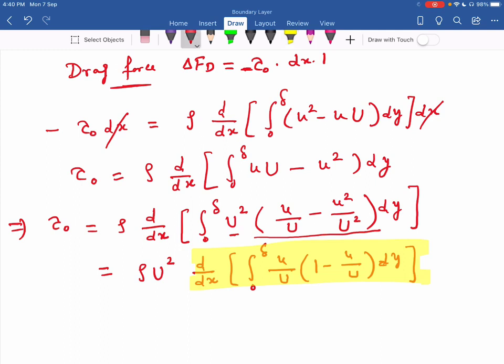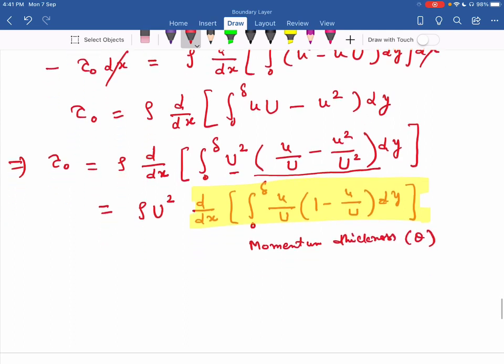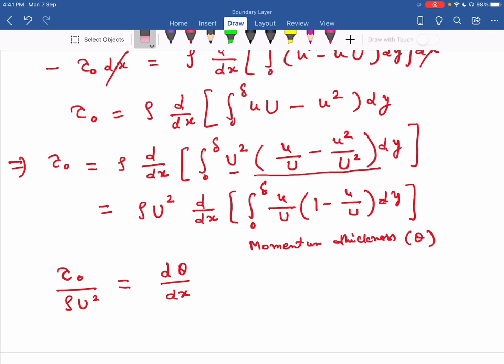This term is the momentum thickness, so I can write it as theta. So tau O divided by rho U square is equal to d theta by dx.